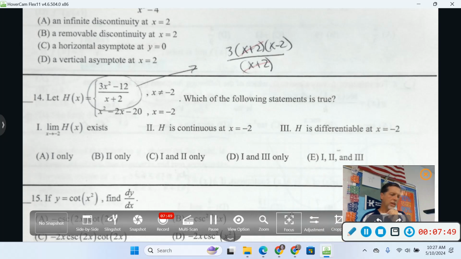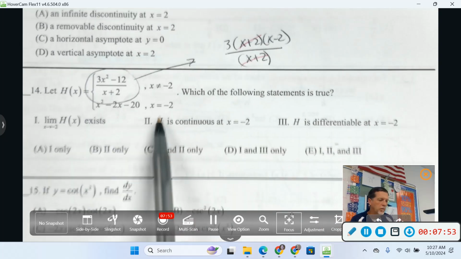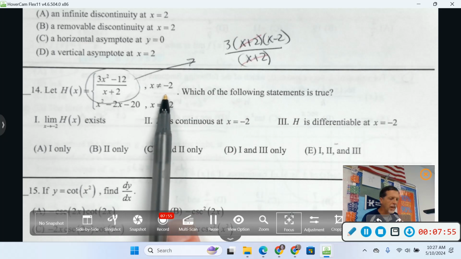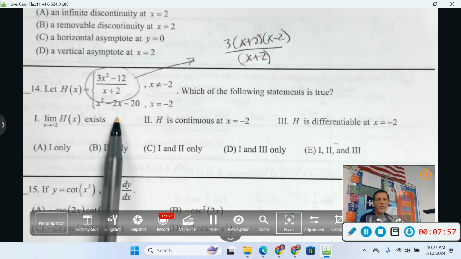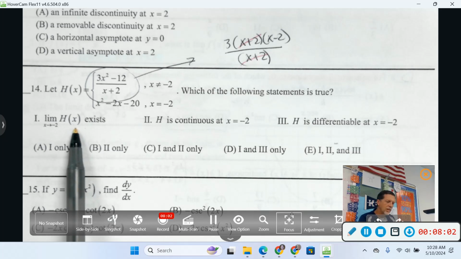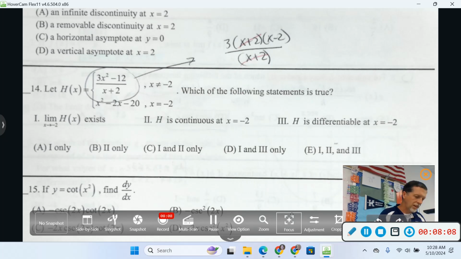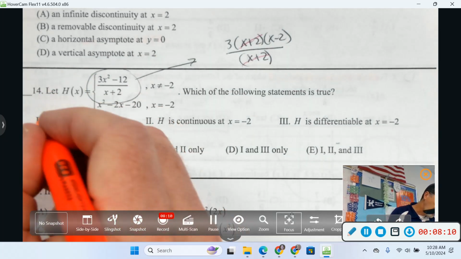So that means now I can plug in negative 2 and get an answer, except I don't really want to plug in negative 2, because if I'm plugging in negative 2, I'm on this branch. So, does the limit exist? Well, limit means coming from the left or from the right. But whether I'm coming from the left or the right, I'm definitely on that top branch.